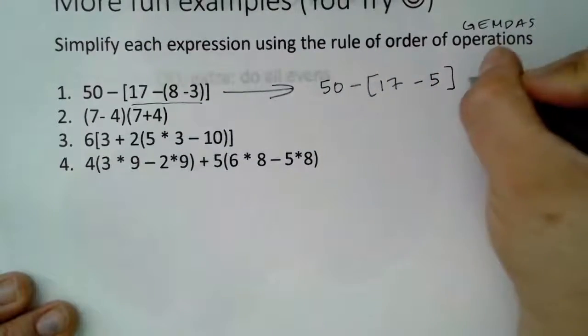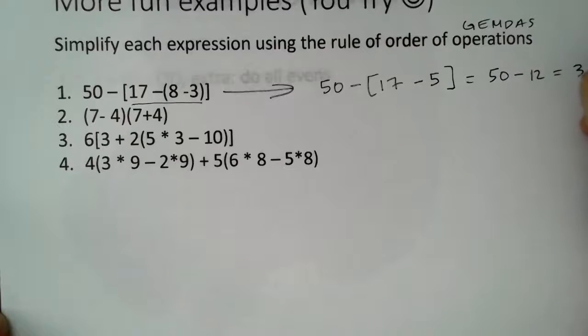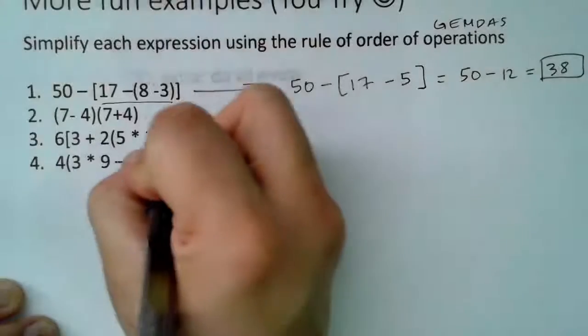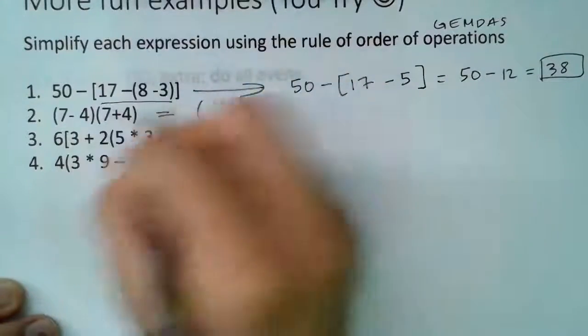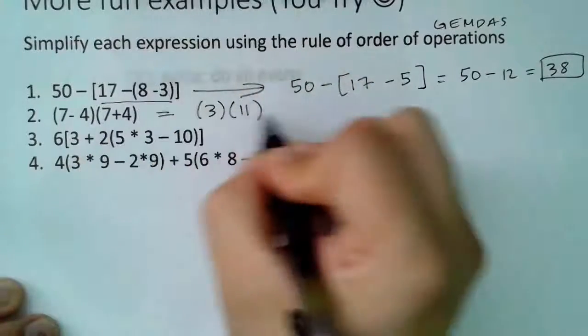That would equal 50 minus 12, which is 38. Next, 7 minus 4 times 7 plus 4, we'll do parentheses first. 3 times 11, since 7 minus 4 is 3 and 7 plus 4 is 11.